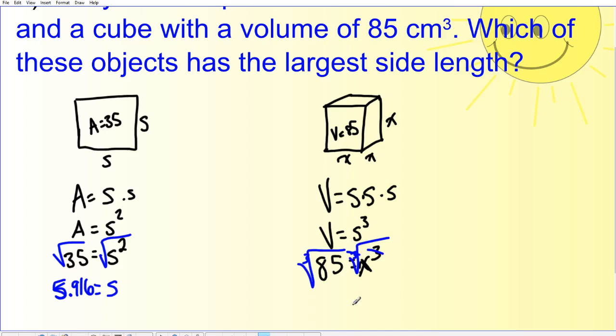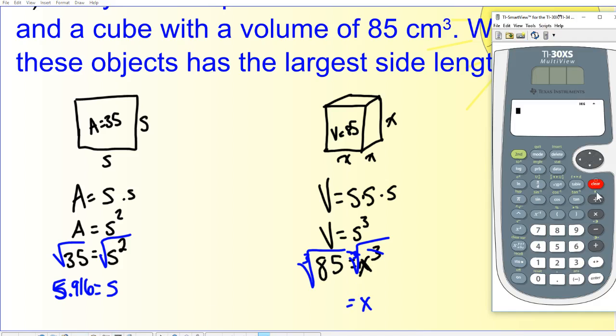And so we get X equals the cube root of 85, whatever that is. So calculator with me if you need to. We're going to hit 3, second, caret. That gives us our special root. Cube root of 85 equals 4.39.